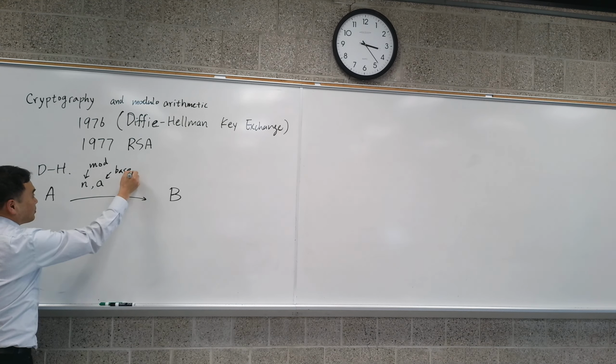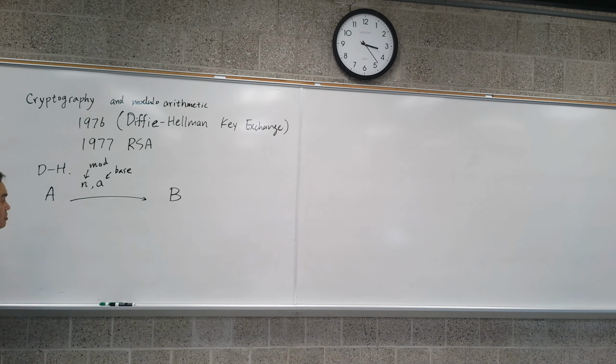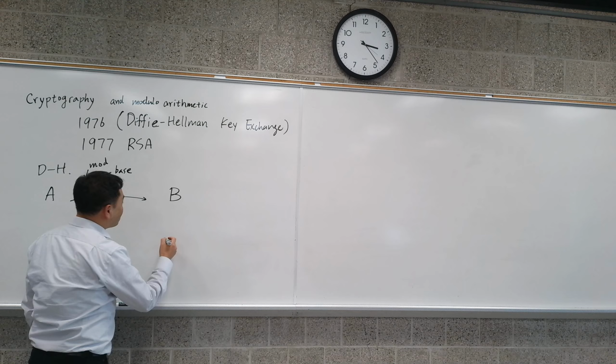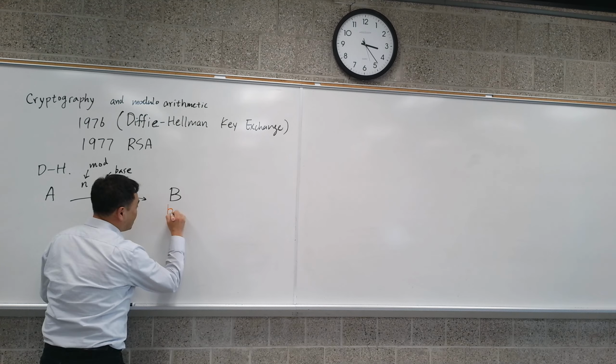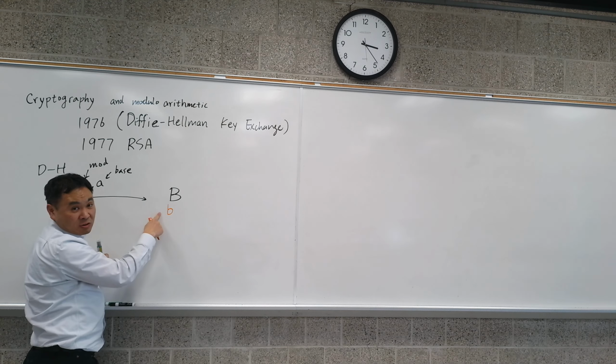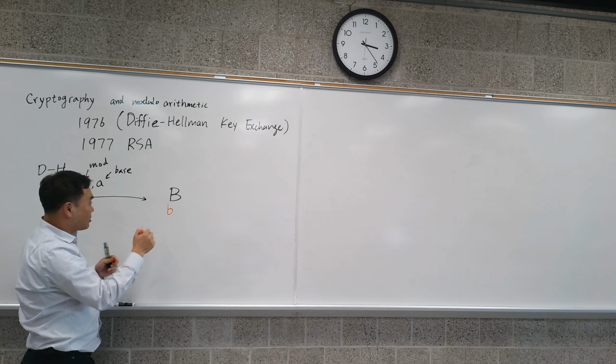the base. Okay. So what Bob does, Bob chooses a secret number B, and let me use a different color, B, because this is Bob's secret. This is not sent to anybody. Okay.